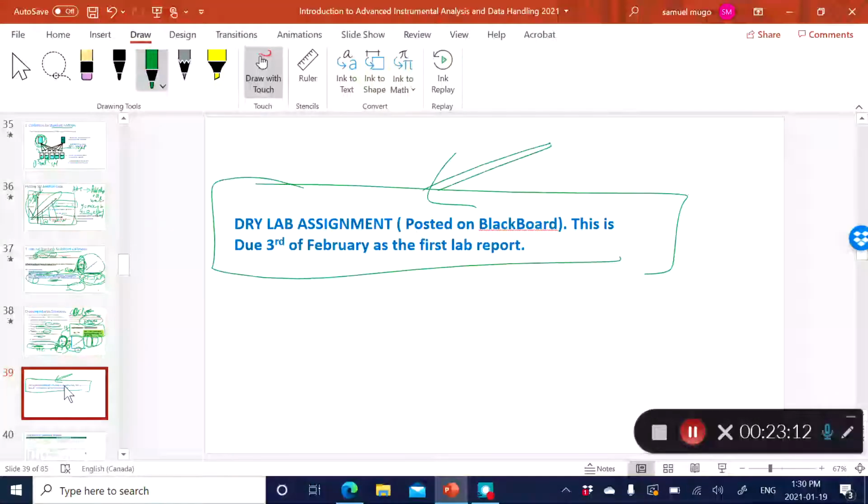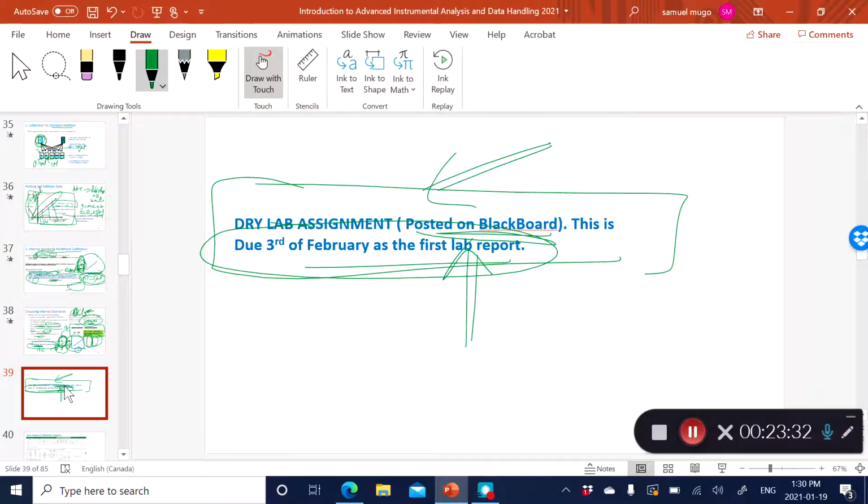So I've already posted the dry lab for you on Blackboard. It's got, I guess, 4 different questions using different calibration methods. And you're supposed to do the calculations and submit the report back on the 3rd of February, which will account for your first lab report.